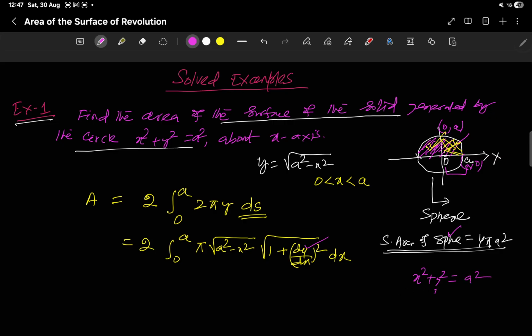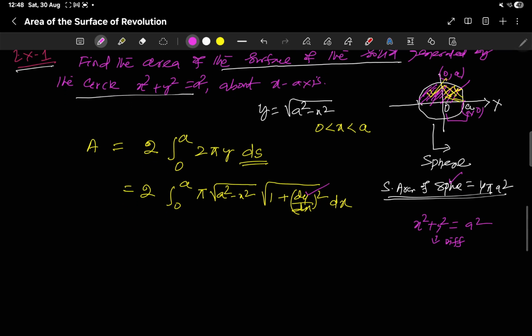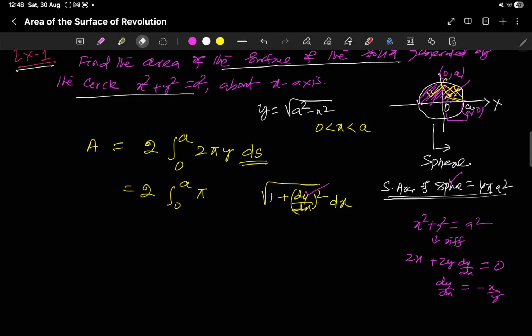If I differentiate it, I get 2x plus 2y dy by dx is equal to 0. So dy by dx is minus x by y. Let it be y, because y is going to be cancelled here. Now I will substitute: it will be twice the integral from 0 to a of 2 pi y, square root of 1 plus x square by y square, dx.